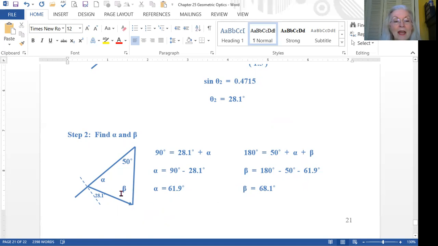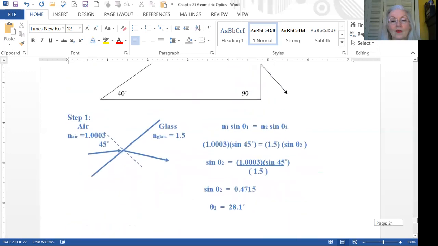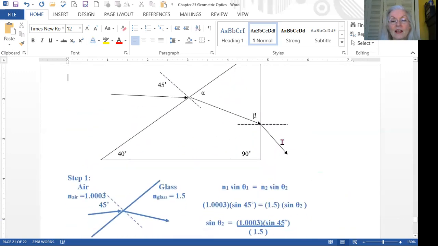Now that I've got beta, if we went back to our original picture, just a second, we know beta. We're going to use beta to find this angle right here. And we need that because that is theta 1 for our last calculation. If we want to find this exit angle, we need the entrance angle. And we get it because we know beta.